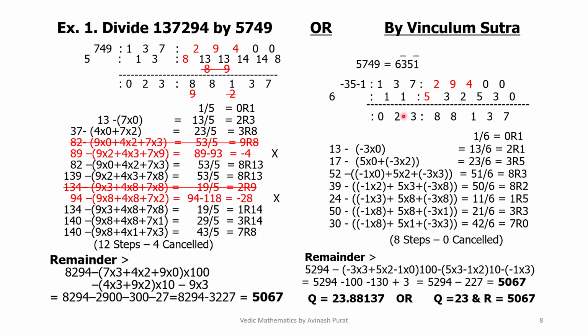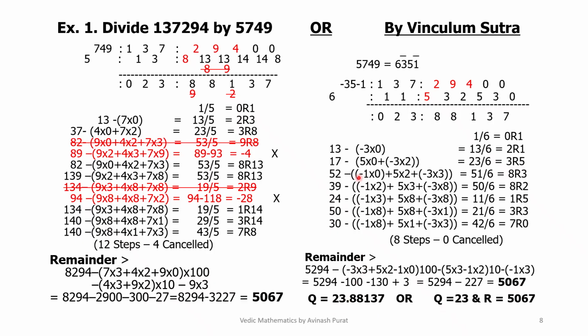Now 5 into 3 and minus 1 into 2, so 15 minus 2 is 13 into 10, and minus 1 into 3, that is 3 plus 3. So 5294 minus 100 minus 130 plus 3 equal to 5294 minus 227, that is 5067.